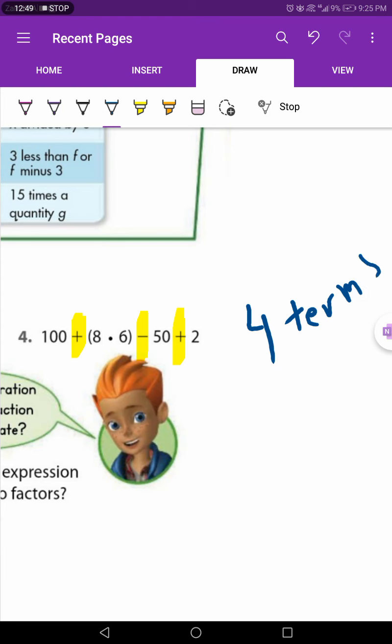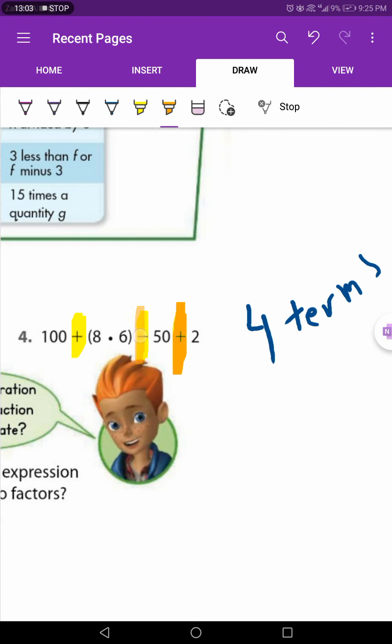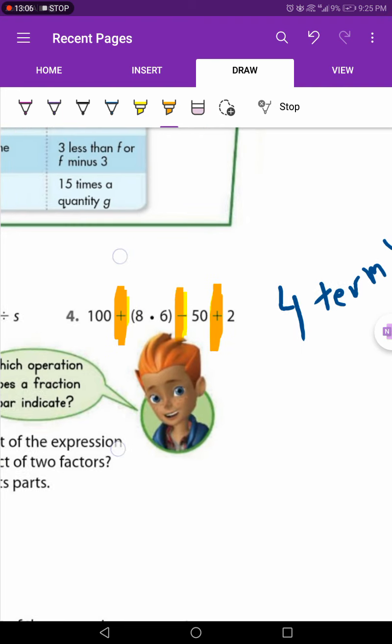So teacher, the number of terms is the number of operations plus 1. Yes, but the operation must be plus or minus only, not multiply or divide.